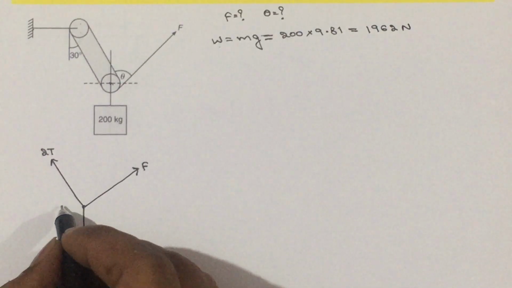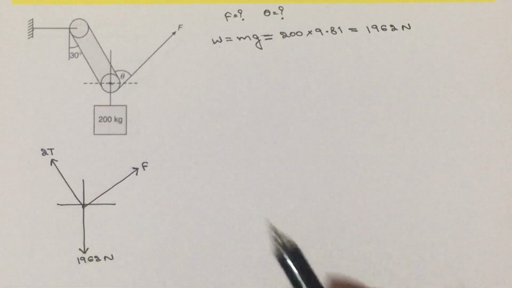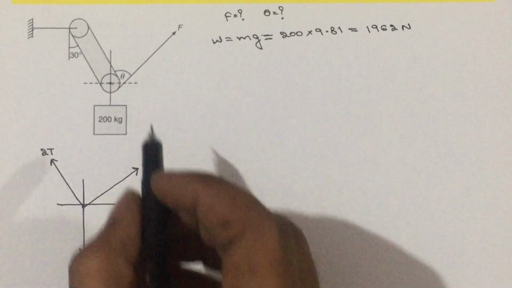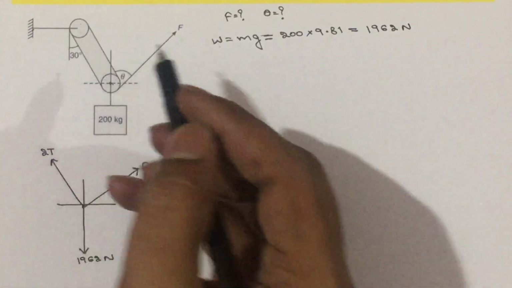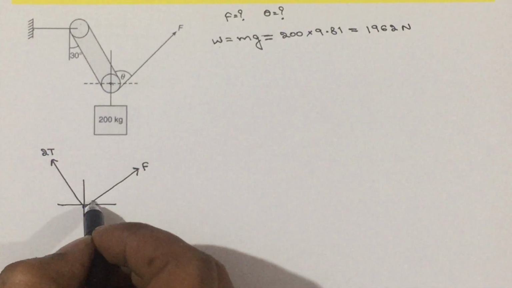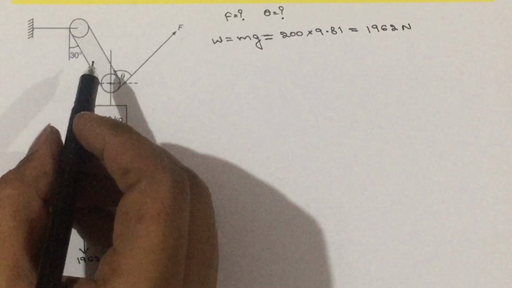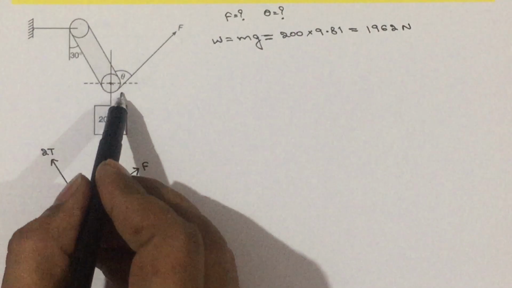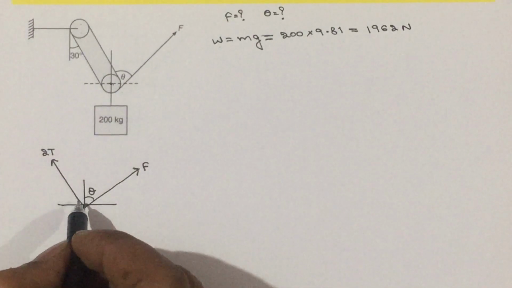Then we need angles. Draw a plus mark at the point. Then let us look into that. This F is making theta with respect to vertical. Then this inclined line is making 30 degrees with respect to vertical.